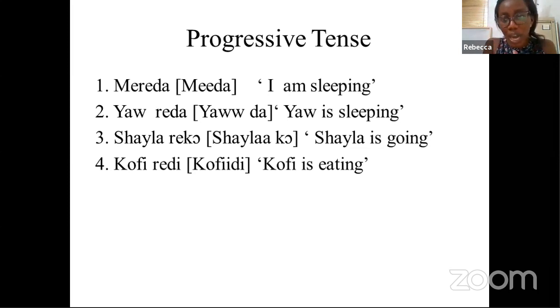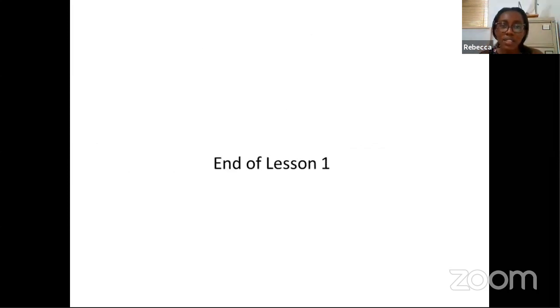Then Yao too, I'll prolong the last sound: Yao da. Then Sheila too, I'll prolong the last sound, which is the a: Sheila ko, which is Sheila is going. Then Kofi di, Kofi di. So simple. So this brings us to the end of lesson 1.